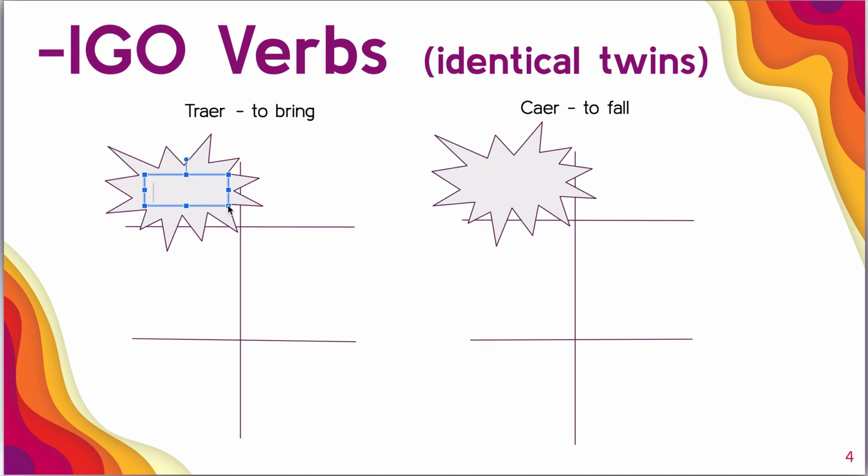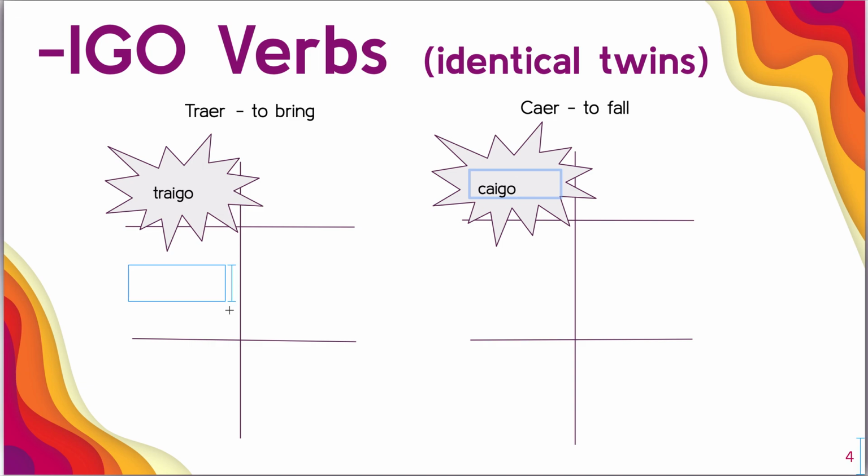All right, so traer, since it's an IGO verb, we're going to write TRAIGO, which is traigo. And then caer is going to be the exact same, but with a C. So that is going to be CAIGO, which is caigo. Now the rest of them are going to be absolutely normal.